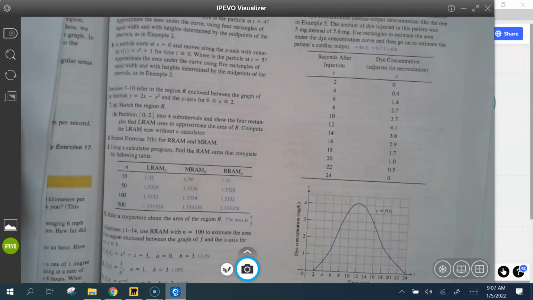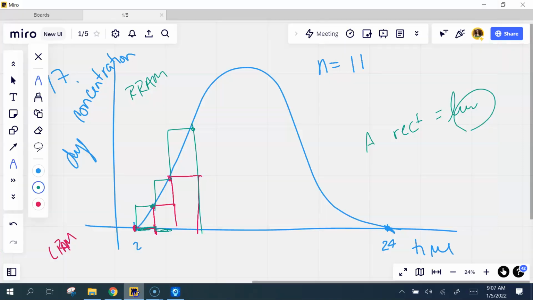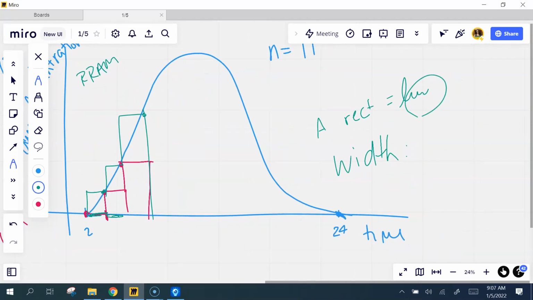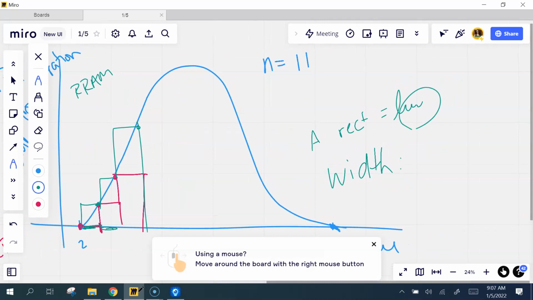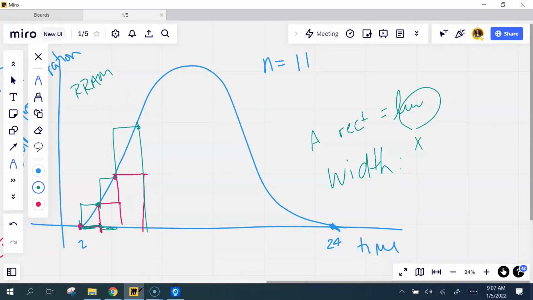If you just need to find the width of your rectangles, I'm trying to think how I could word this since we haven't done specifics yet.